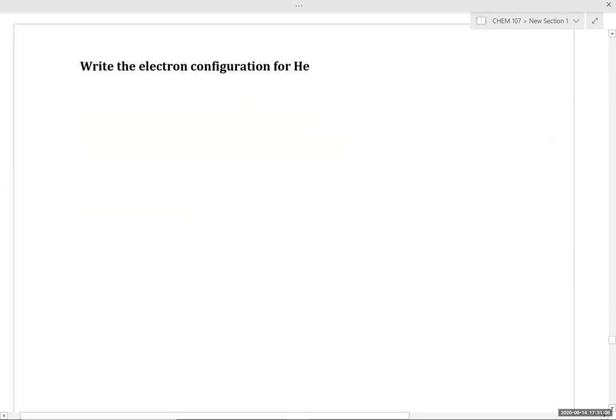So if we're trying to write out the electron configuration for helium, if I look up the periodic table, I see that helium is in the first row of the periodic table, and it is in the S block.